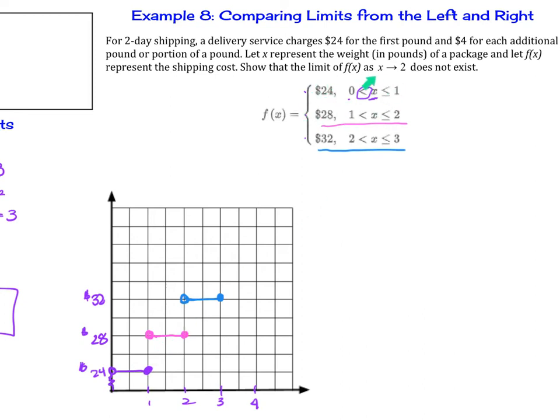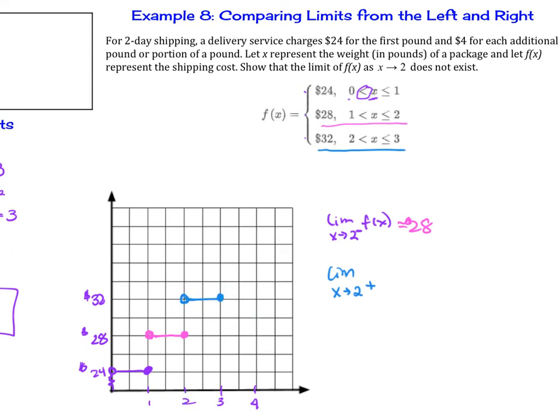Now we're looking at the limit as x approaches 2. So let's say the limit as x approaches 2 of the function, and we're going to say from the left side. So we're approaching 2 from the left side, it is going to equal $28, right? It's right here, $28. Now let's look at the limit as x approaches 2 from the right side. So we're looking at going to 2 from the right side, from here to here.